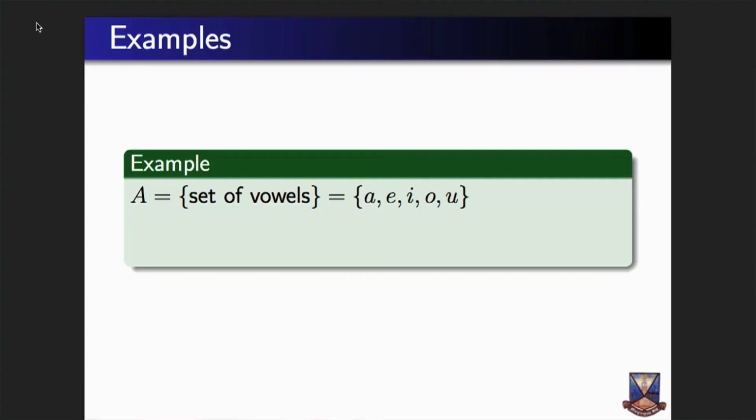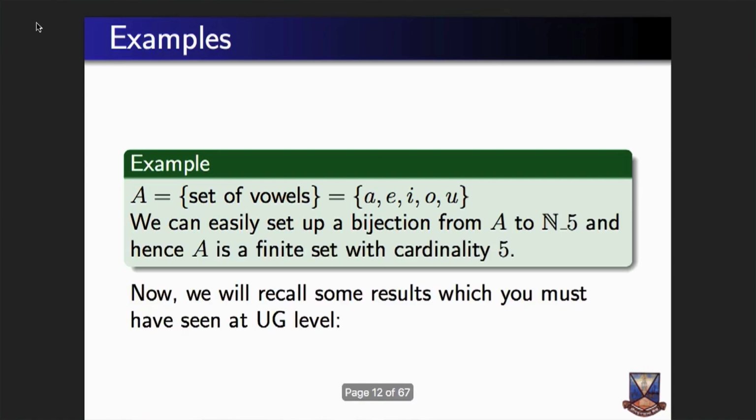Can you guess what that N_n is? Yes, correct, it is N_5. So, there is a bijection from my set A to the subset of natural numbers which is the set of the first 5 natural numbers, that is N_5.